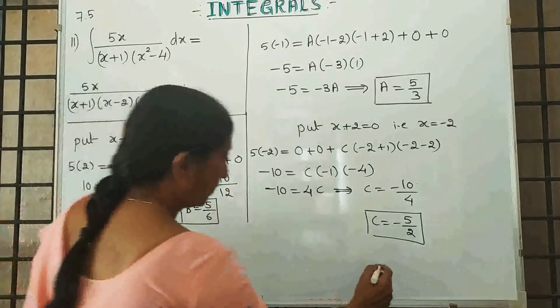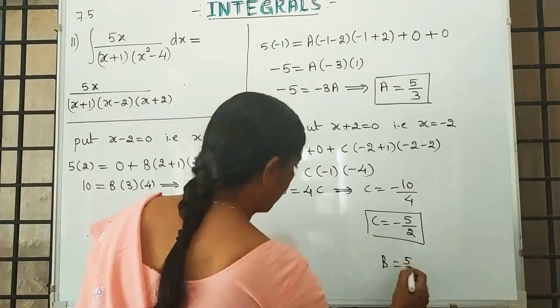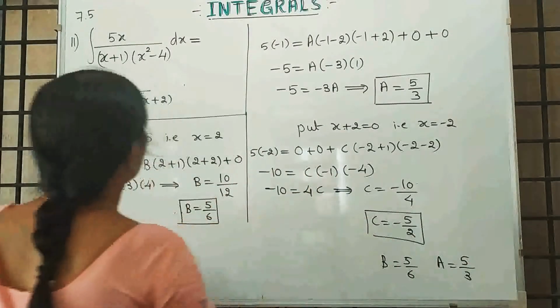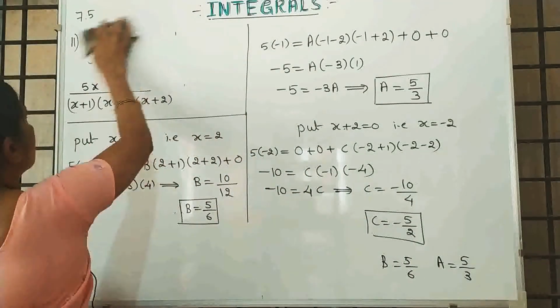I am writing the values here. B is 5 by 6 and A is 5 by 3. Now write down those values in equation 1.